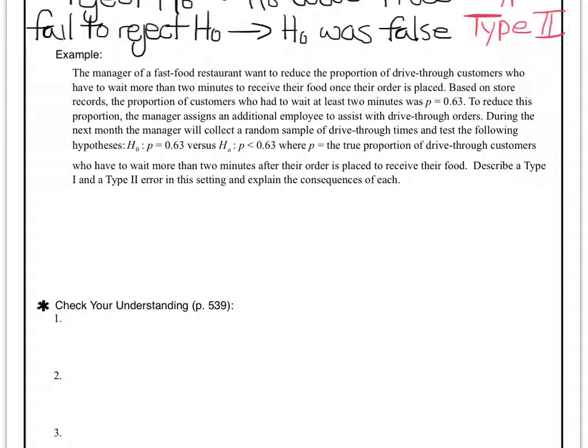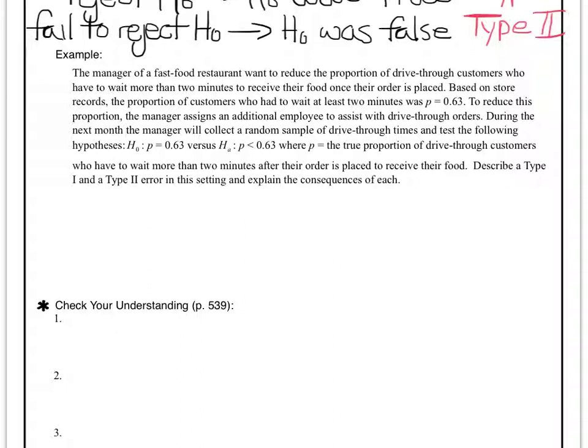Based on store records, the proportion of customers who had to wait at least 2 minutes was P equals 0.63. To reduce this proportion, the manager assigns an additional employee to assist with drive-thru orders. During the next month, the manager will collect a random sample of drive-thru times and test the following hypotheses.